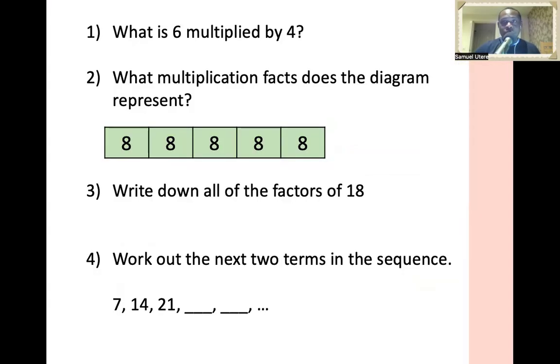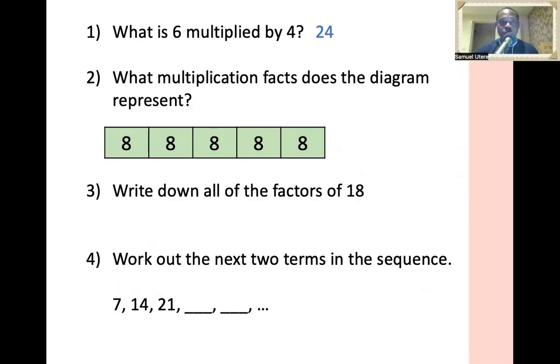Before we start, I would like you to answer the retrieval practice questions in 4 minutes. Assuming you've paused the video and you've answered the questions, here are the answers. For the first one, you were asked, what is 6 multiplied by 4?